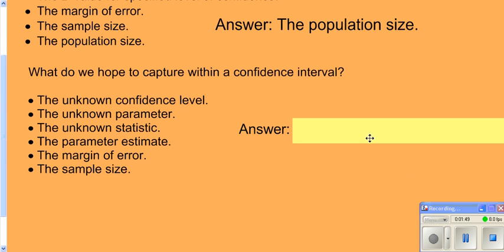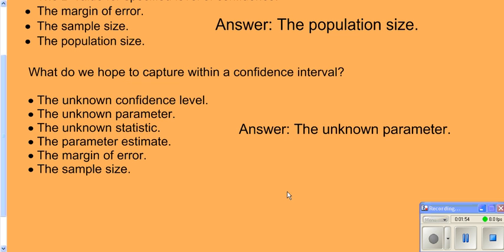What do we hope to capture in our confidence interval? Our true population mean. In general, with all confidence intervals, it's our unknown parameter, which is a characteristic about a population. But for what we're going to be looking at, it's always our population mean.